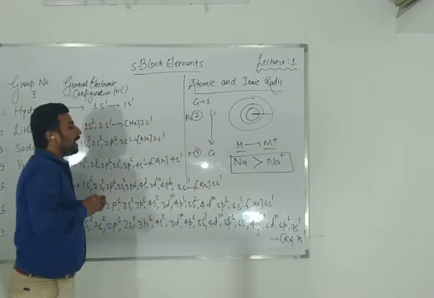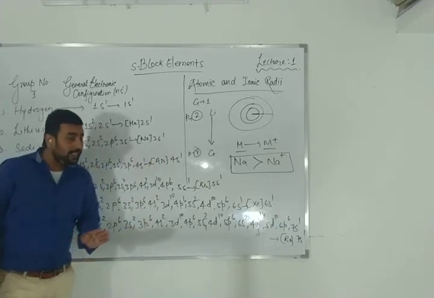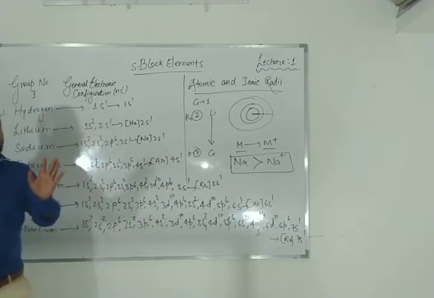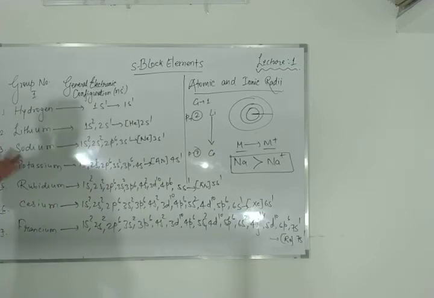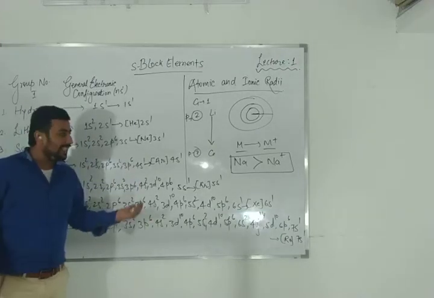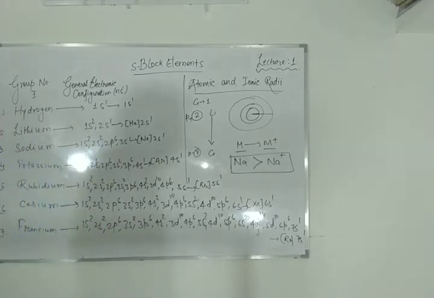As we move left to right in a period, the atomic size decreases, and all the elements can form ions. So the ionic radius also decreases as we move from left to right in the periodic table.